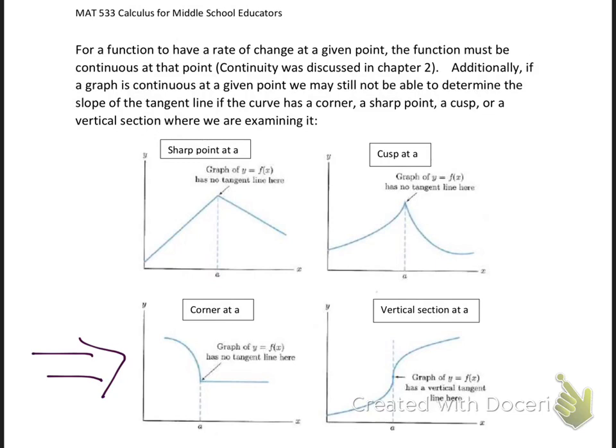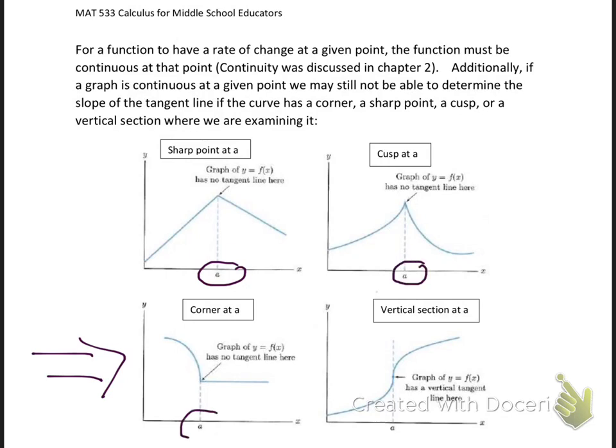If you think about a tangent line as really being the limit from the left and from the right, as the difference goes to 0, you're going to see that having a sharp point prevents drawing a tangent line where x equals a. Having what they call a cusp prevents it at x equals a.